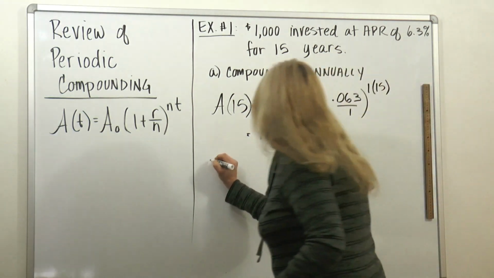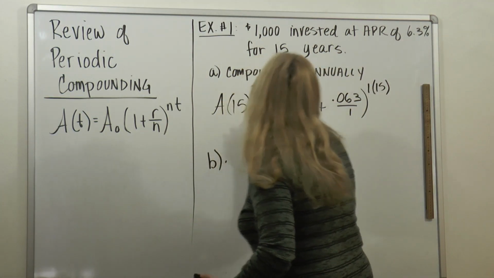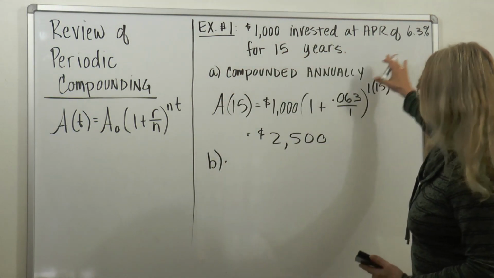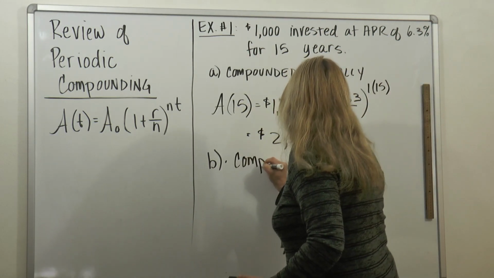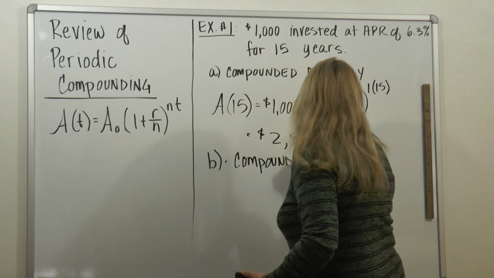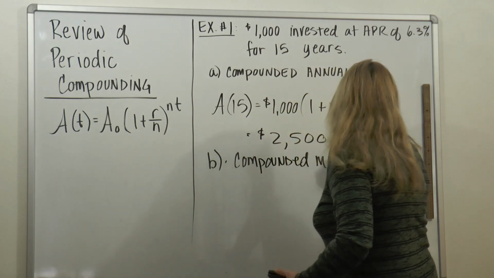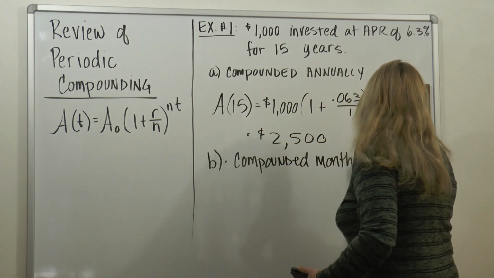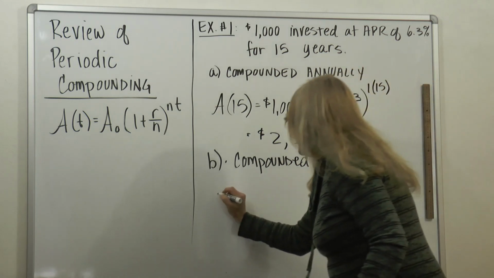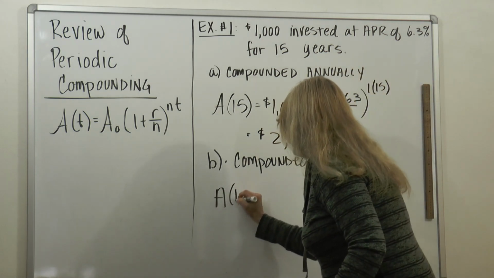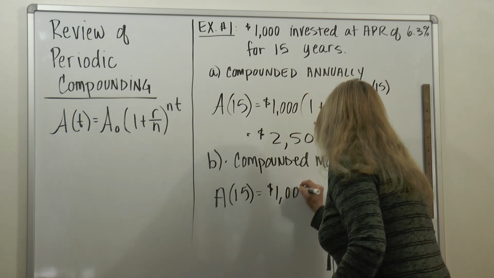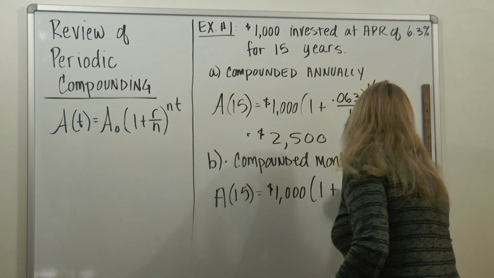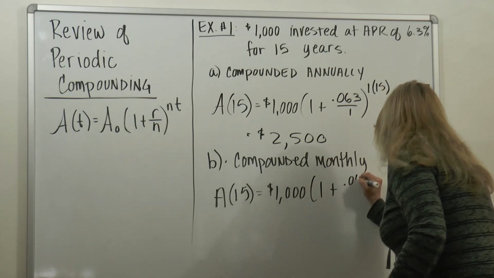Okay. Now, if I have the same situation, $1,000, 15 years, 6.3%, and the compounding is going to be monthly. I'm still looking for the amount after 15 years, still starting off with my A sub naught of $1,000, still 0.063.